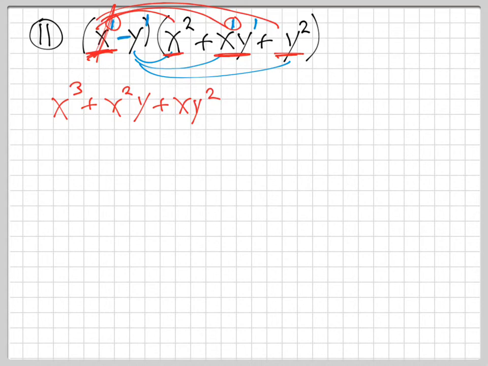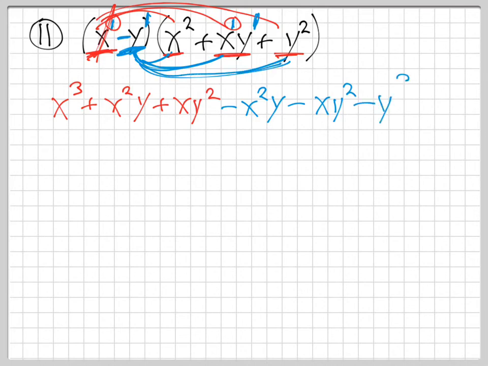Now it's the minus y's turn. So now I'm going to take this guy and go boom. What's that going to do? Minus x squared y, right? Because they're not the same letters, so the powers can't add. And then boom to the middle. That'll be minus xy squared. The 1 power in the y and the 1 power in the y added. And then all the way to the back.